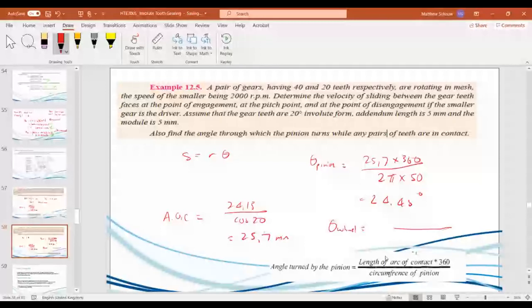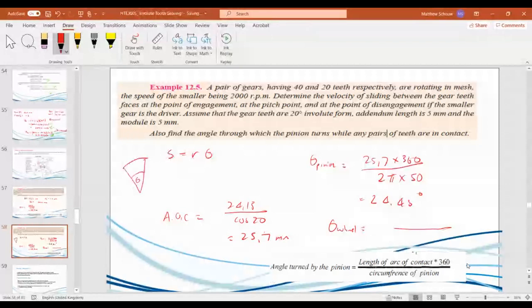Could you please kindly do that for me? Sir, I didn't get the 50. Yes. The 50 where? 2 pi 50. You're asking me where I get it from? So it's the circumference of the pinion. You could have said pi times d as well. What I'm saying is basically using this, it's an arc. Remember radian measure?